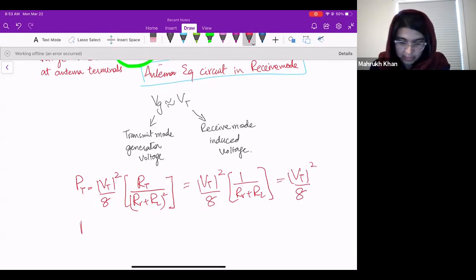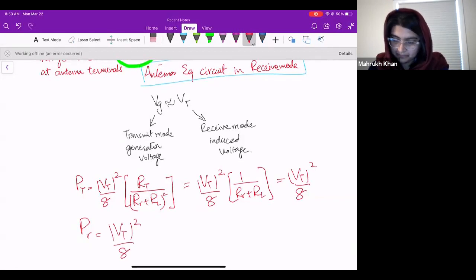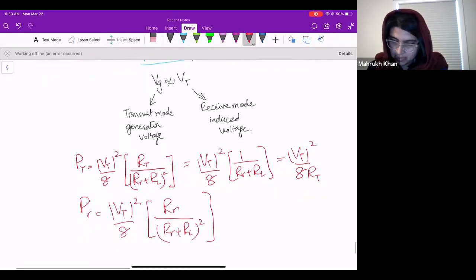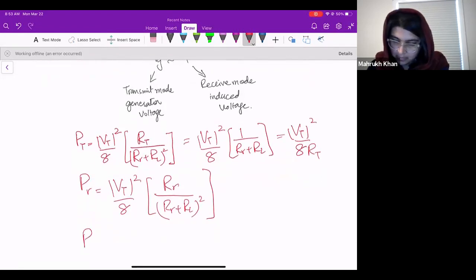And similarly, PR will be, and similarly your PL will be.